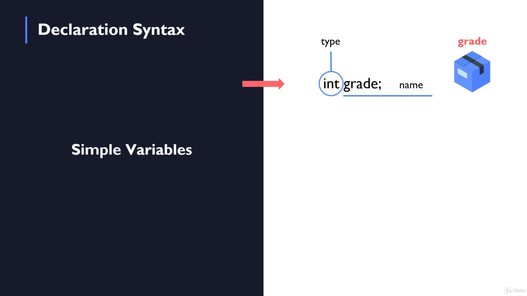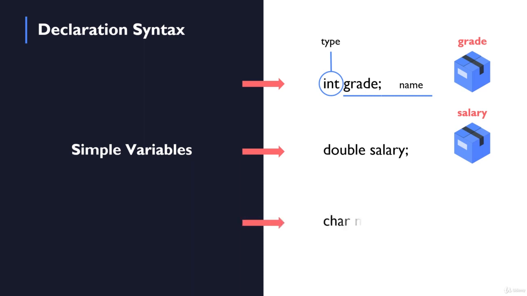And another example may be double salary, right? Some simple variable to hold your salary, and it's of a floating point type, a double type. We also have char myChar, another variable to store one character. And we can specify a lot of other examples here for the declaration of different variables of different names and of different types, which specify how you create and basically how you declare a simple variable.